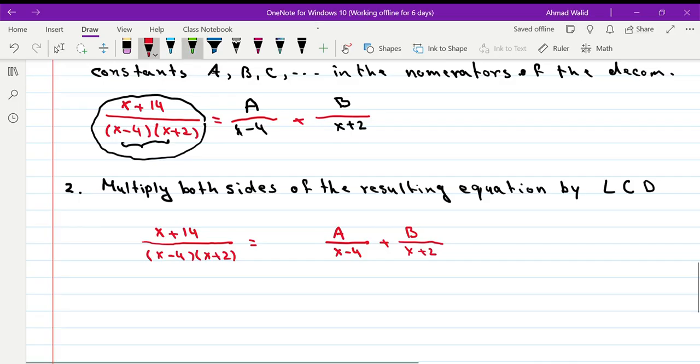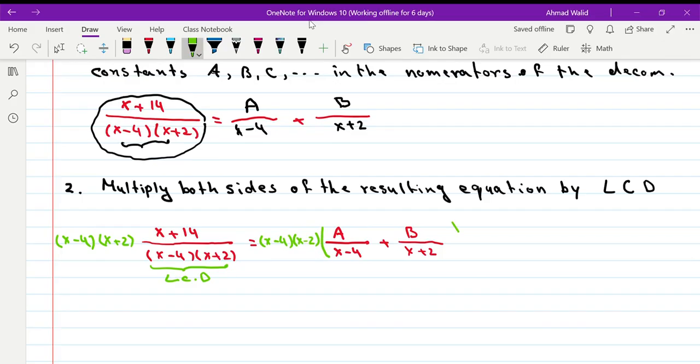Multiply both sides of this equation by the LCD. Your LCD is this denominator. That means I will multiply this side by x minus 4 times x plus 2, and also I will multiply x minus 4, x plus 2 to both of these fractions, correct? Let's do it.